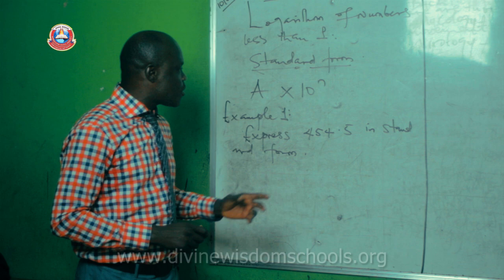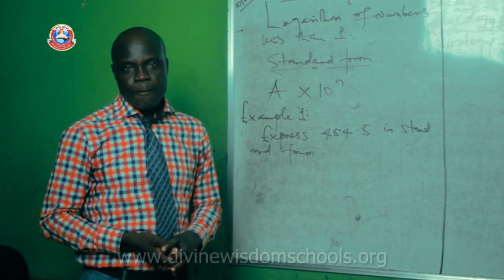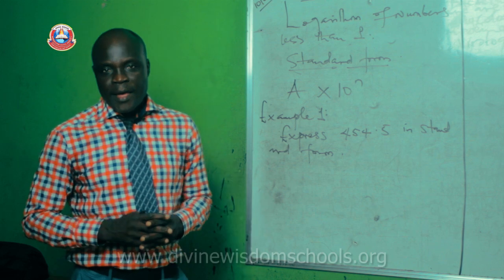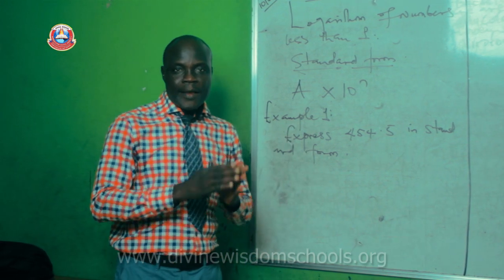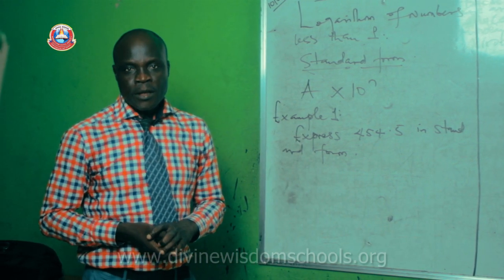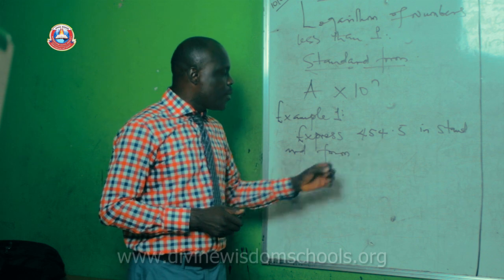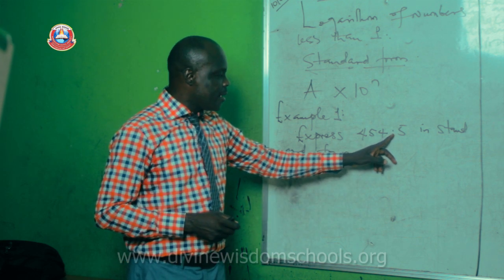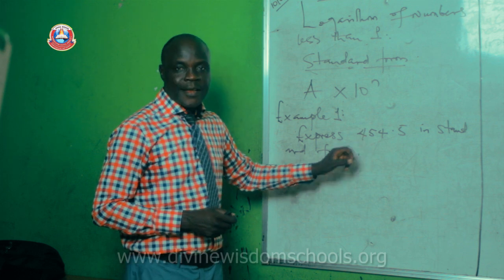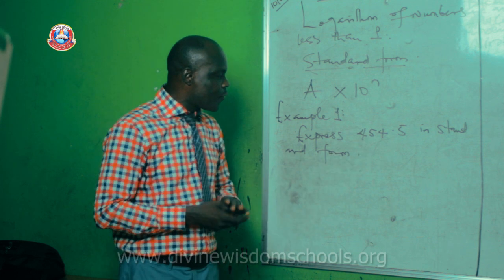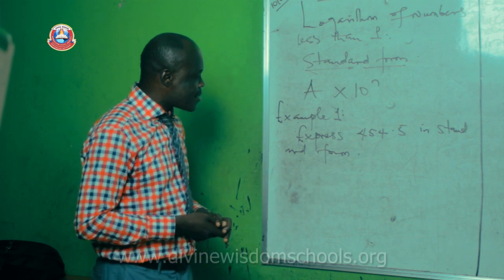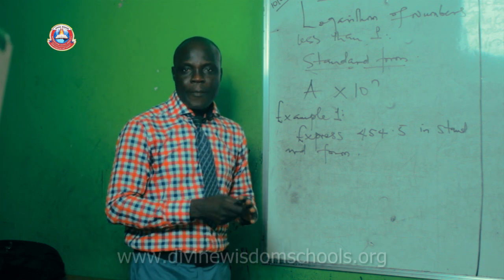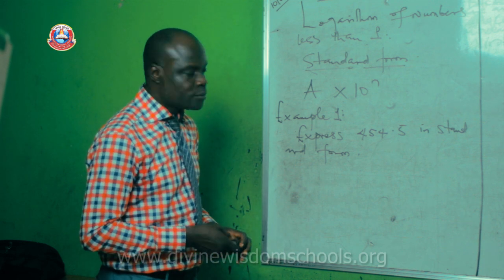This number is obviously greater than 1. But we are going to express it in the form of a times 10 raised to power n, and a must be a number that is between 1 and 10. The only way we can have this number be between 1 and 10 is to shift our decimal point from this point down to this place, so that instead of 454.5, we can have it as 4.545, which is a number between 1 and 10.